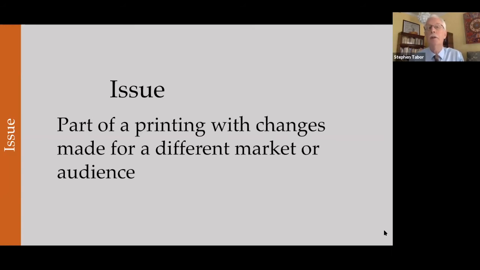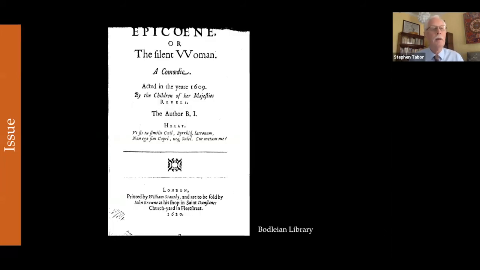Even this definition needs a definition, so let's look at a couple of early examples. The first separate edition of a play by Ben Jonson appeared in 1620. Epicene was about as catchy a word in that day as it is now, and for those in the know, it also had a dangerous political association.